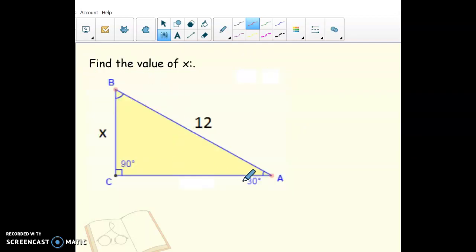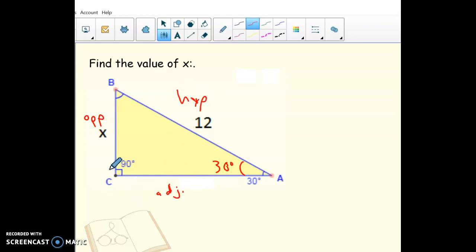Okay, so in this one we've got angle A is 30 degrees. If we look at our sides, from this angle's perspective, this is the side opposite, this is the side adjacent, and this one is our hypotenuse.